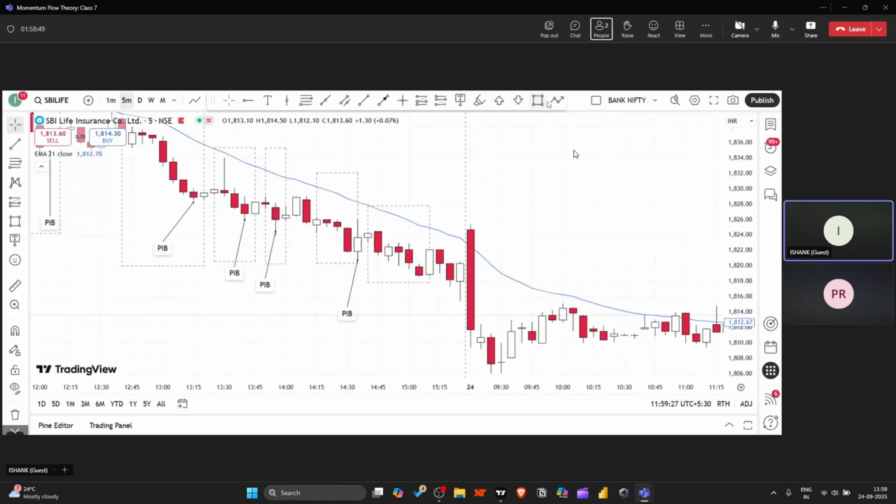MPB1, MPB2, and PIB. That is MPB2 again, correct? That is a PIB, an insignificant bear trend bar. Yes, correct.